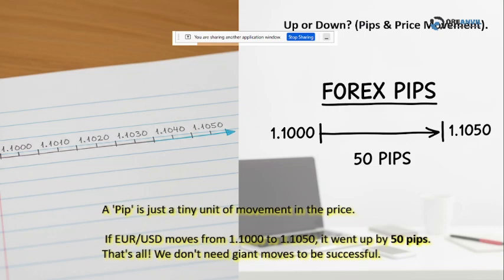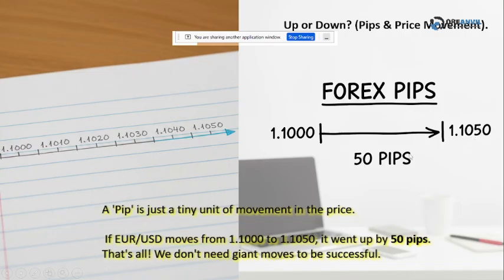One key terminology you need to understand in Forex is what we call pips. Because this is actually where you know if you are making money or you are not making money in the market. Look at these two prices, 1.1000 and 1.1050.